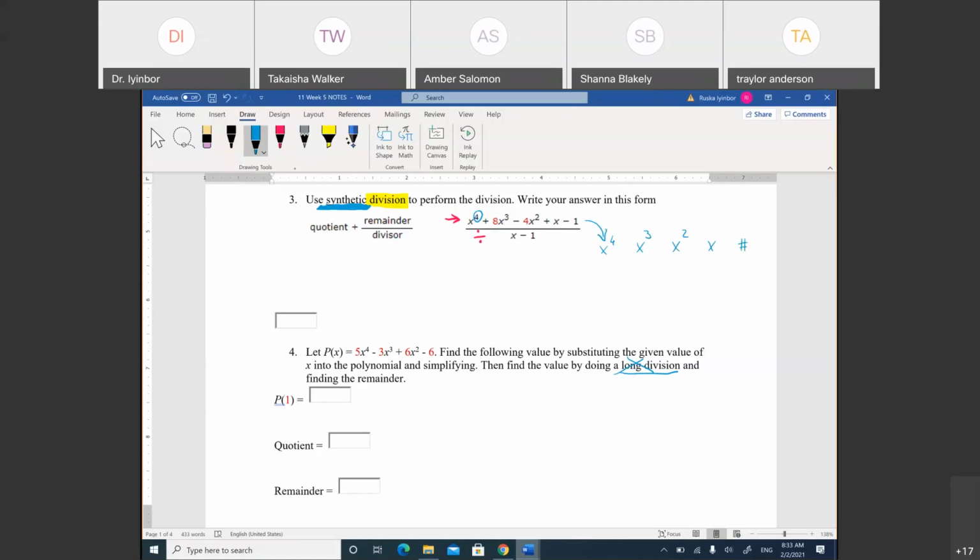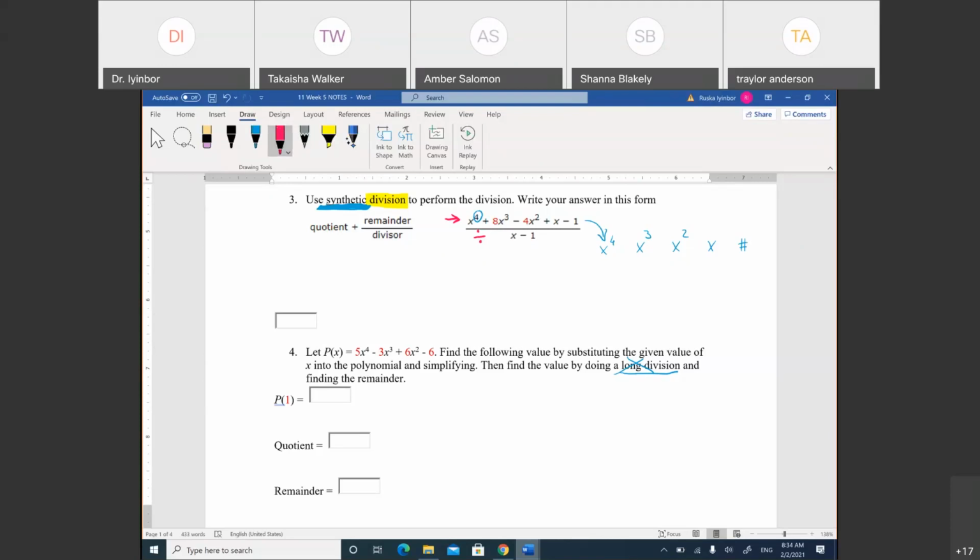Make sure you write down all the exponents, because there is a specific place for each of them. You have to save a place for each, even if it's not in the polynomial. If it's not there, you have to put 0, but you have to leave room for x^4, x^3, x^2, x, and the number.